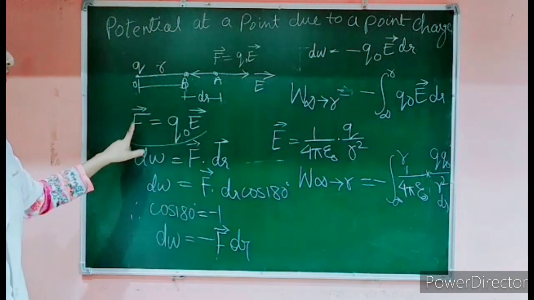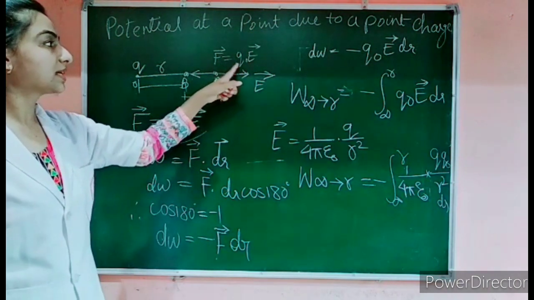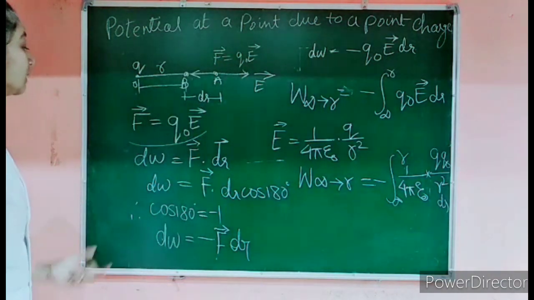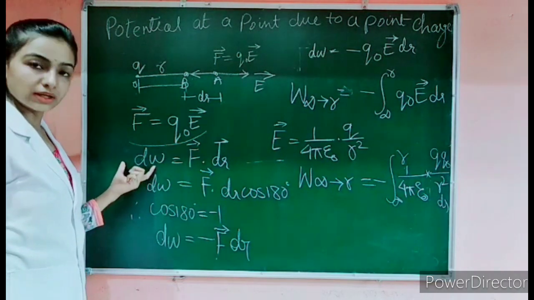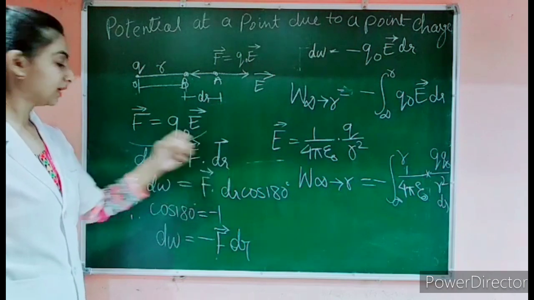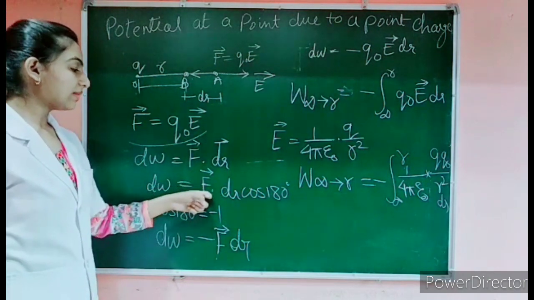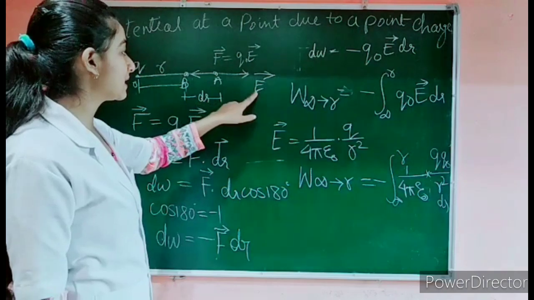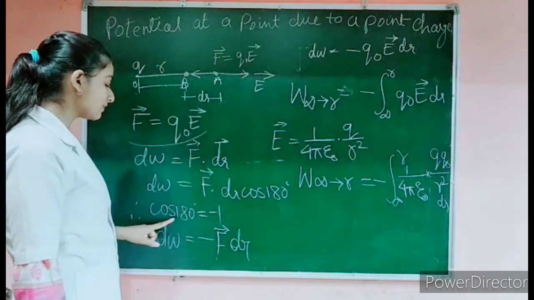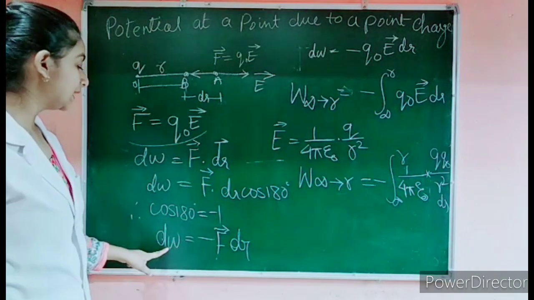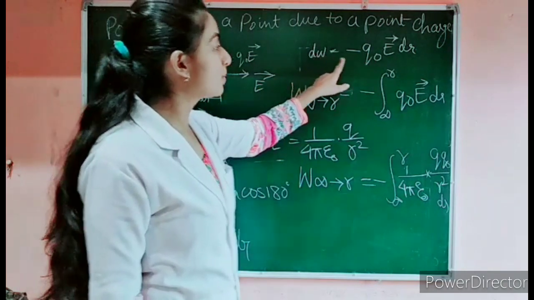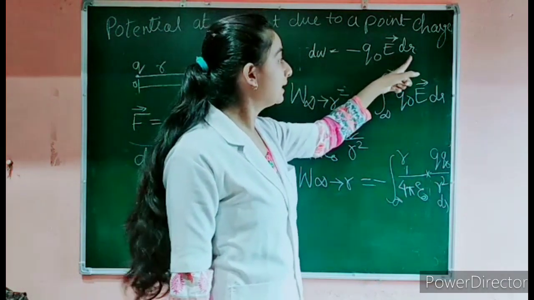Now force is equal to q0 E, because there will be some positive charge with intensity E. Now there will be a small work done in bringing a charge from A to B, which is F into dr. dW is equal to F into dr, and the angle between intensity and the displacement will be 180 degrees. So cos 180 degrees will be minus 1, then dW is equal to minus F dr. Now dW is equal to minus q0 E dr.